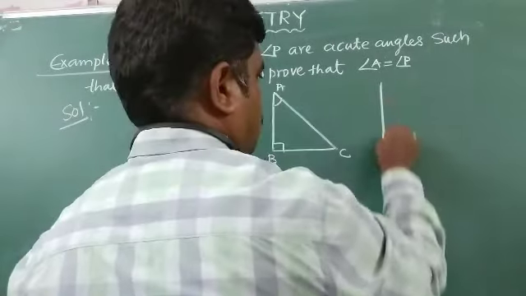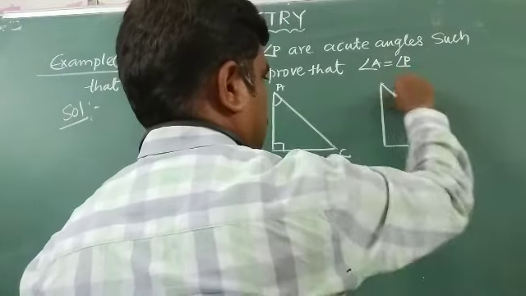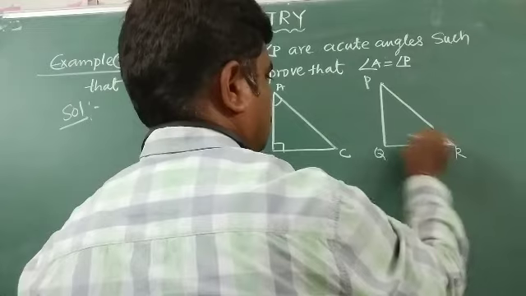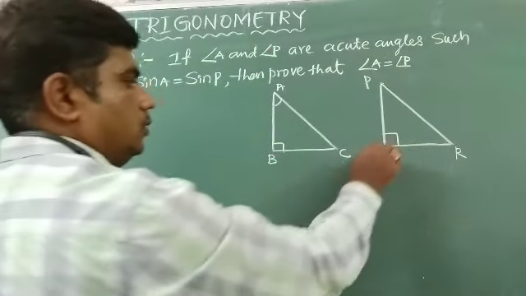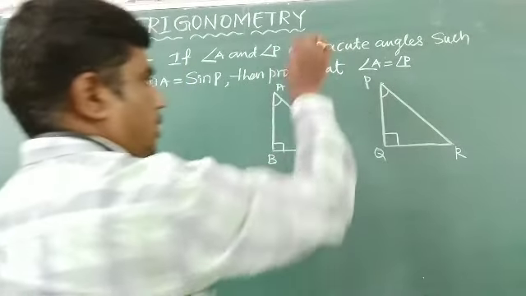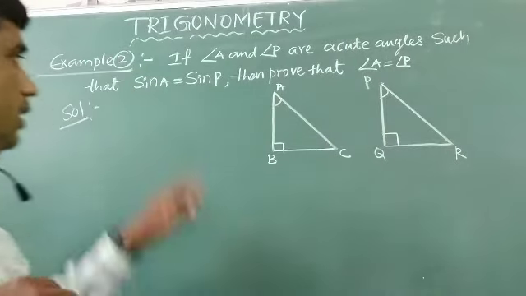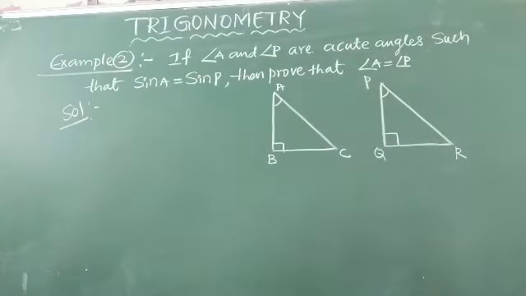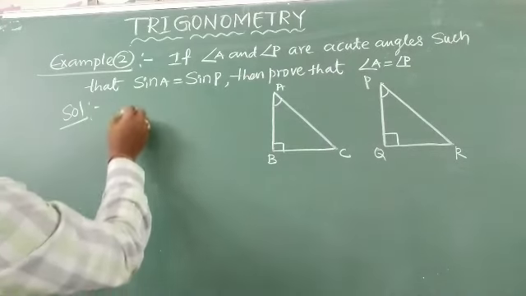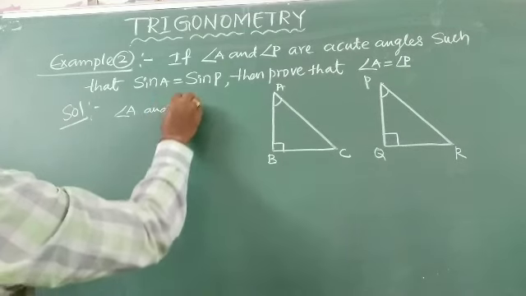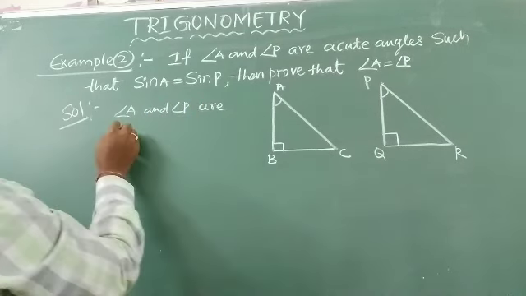Next, we are considering one more triangle, say PQR, with the right angle at Q. Here angle P is an acute angle. Now we have to show these two angles are equal if sin A equals sin P. So what is given? Angle A and angle P are acute angles.